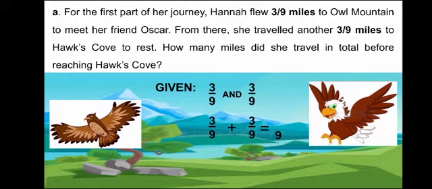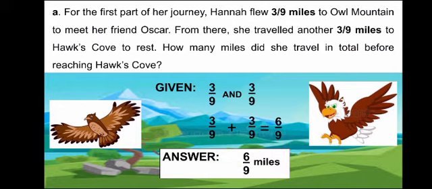Okay, 3 plus 3 is equal to 6. Nice, okay. Then we have our final answer. It would be 6/9 miles. So it took Hannah the Hawk 6/9 miles in total before reaching Hawk's Cove.